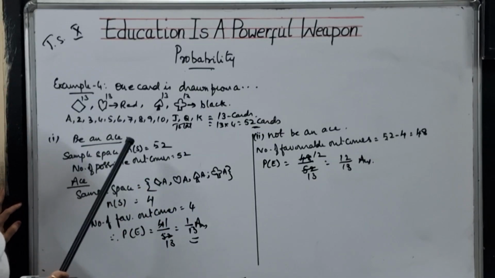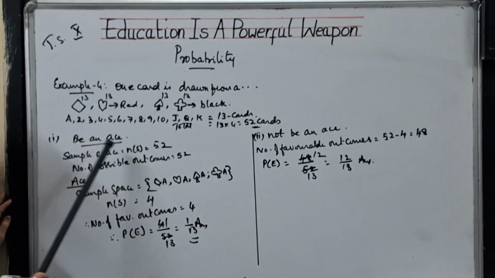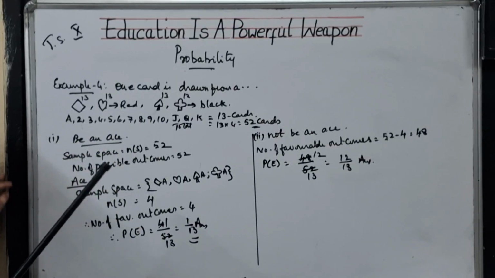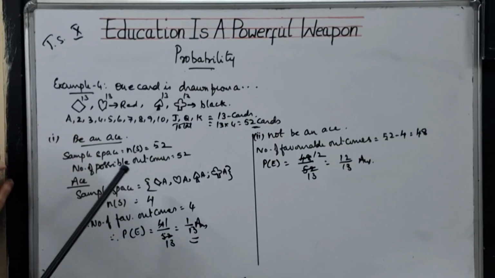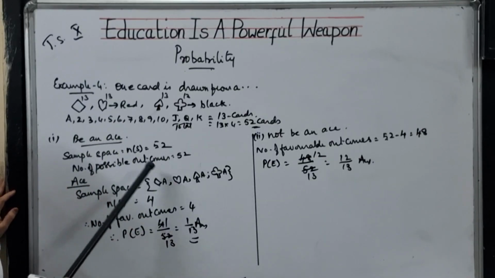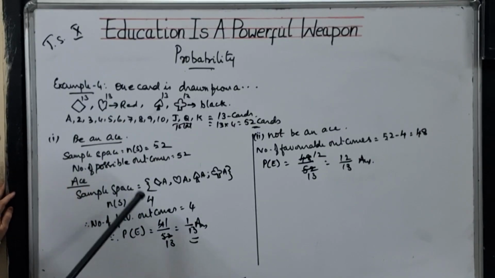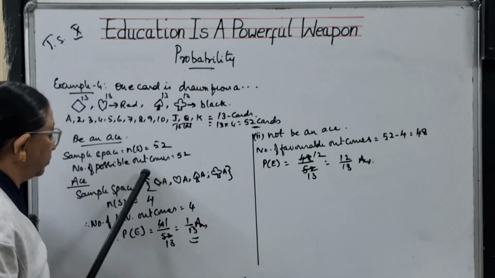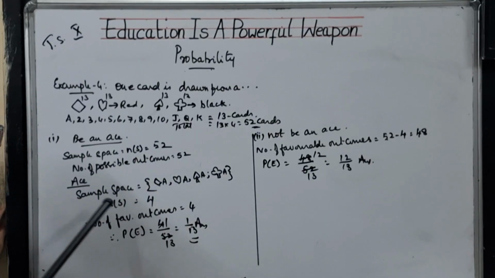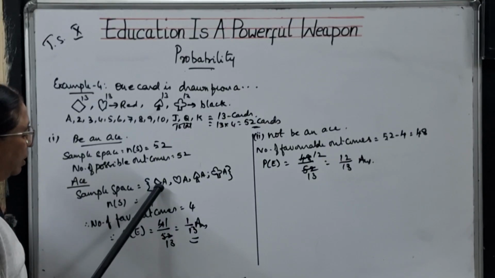So the first question is, what is the probability of getting an ace, the card being an ace? For the entire problem we need the sample space. The sample space is 52, children. That is, n of S is 52. So possible outcomes are 52. And what about the ace?